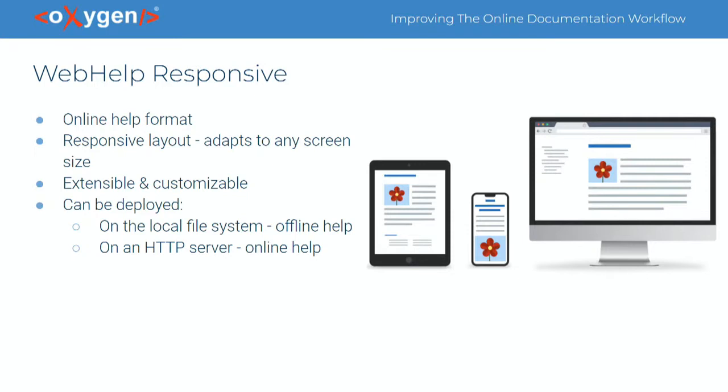It is also extensible and customizable. You can deploy it on an HTTP server in order to make it available via the internet, or you can embed it in a software product to use it as offline help.